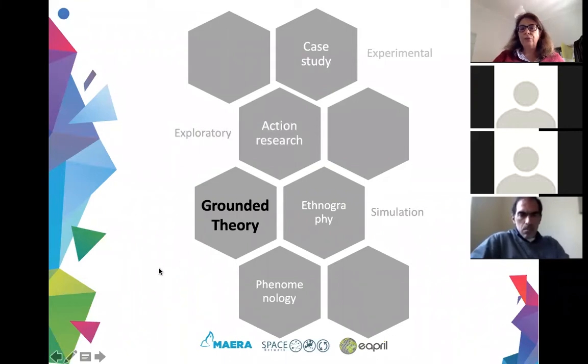As for grounded theory, it tries to develop theories through data analysis. It doesn't start with hypotheses to be tested, but with data that represents the starting point to generate the theory. It is very useful for exploratory studies, and the sample of the grounded theory can be developed or created as the work progresses.